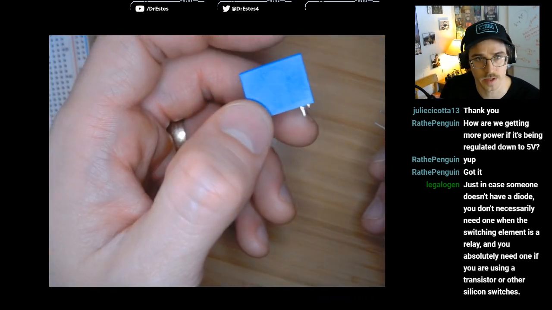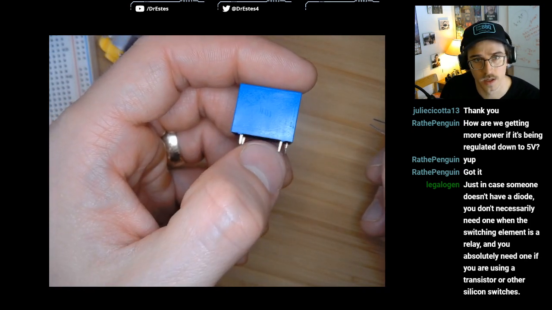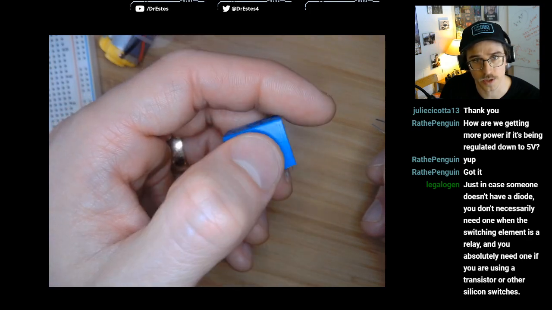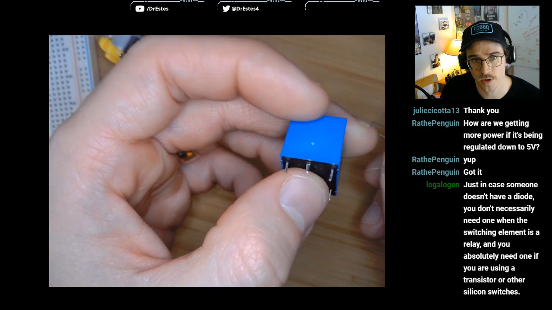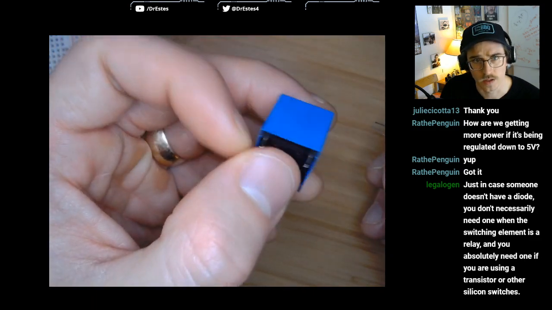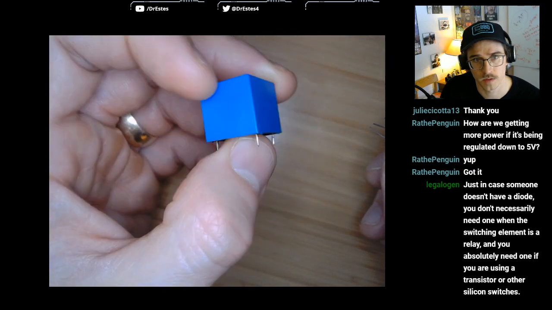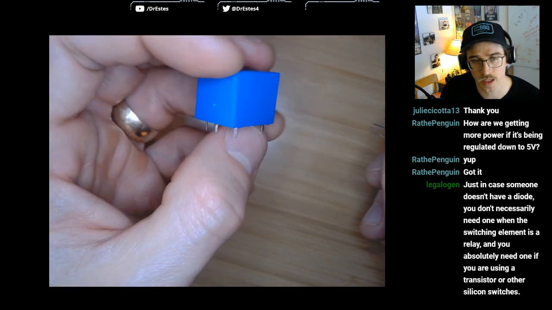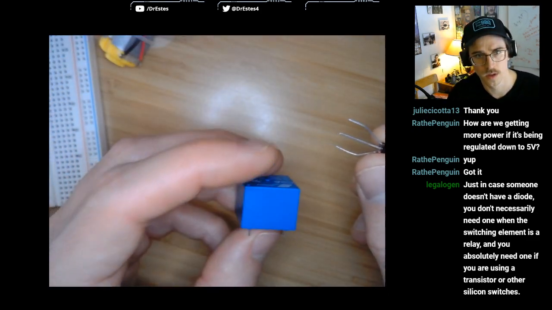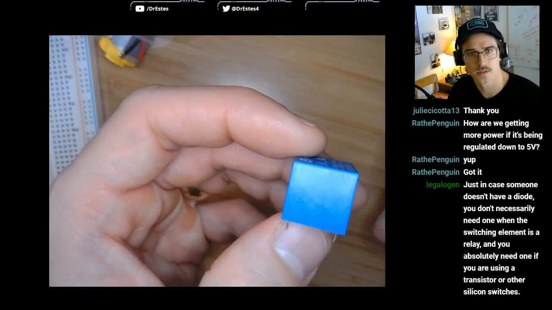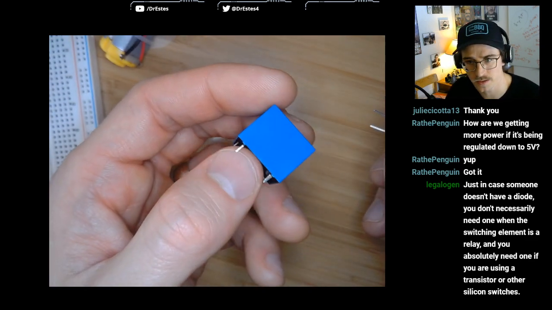Like I was showing you in that picture earlier, there's a coil in here. You turn that on and off. When you abruptly stop current from flowing through that electromagnet, it creates a spike, and that can damage your Arduino. So I think you always want a diode, even on that low power side, where the Arduino interacts with this relay. It's not for sure going to break your Arduino, but I think it's just good practice.